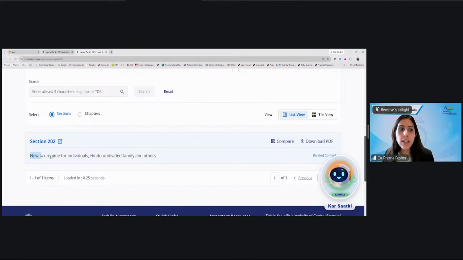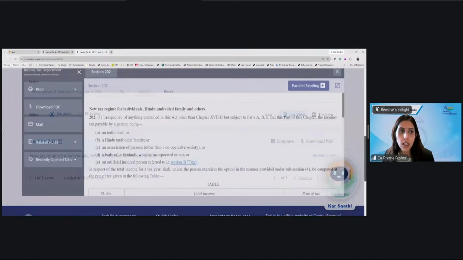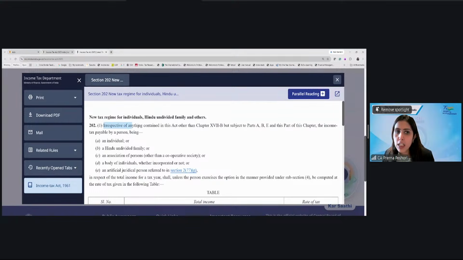Section 202 says new tax regime for individual, HUF and others. So it says, irrespective of anything contained in this Act. Students, what did I tell you last lecture? What is the meaning of "irrespective of anything contained in this Act"? What do we understand by that phrase? This is a non-obstante clause.